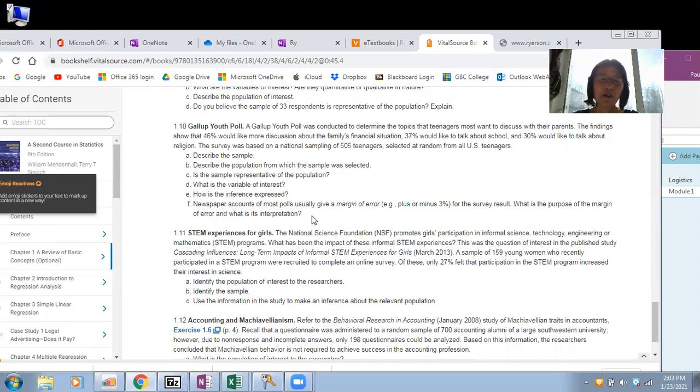The purpose of margin of error is to give a range of the data. So instead of saying 46% would like to discuss family financial situation, I would say maybe from 43% to 49%. Okay, 43% to 49% would like to talk about financial situation.